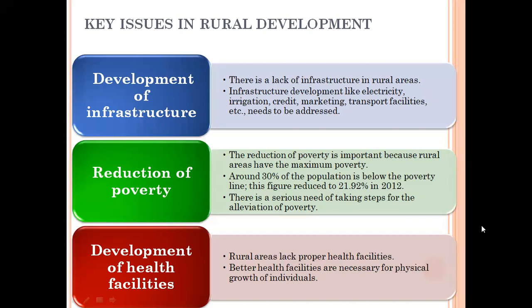Second is the problem of poverty. Poverty is one of the main causes of rural underdevelopment. Poverty is not a problem in itself.